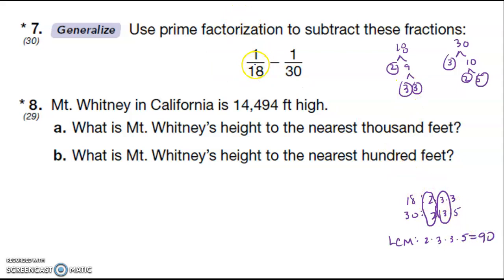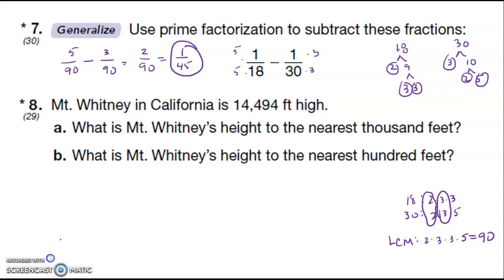Okay, so that means that, let's see, 90 divided by 18 is 5. Oops, so this is times 5 times 5, and I get 5 over 90, and this is times 3 times 3, so this is going to be 3 over 90, which gives me 2 over 90, or 1 over 45.